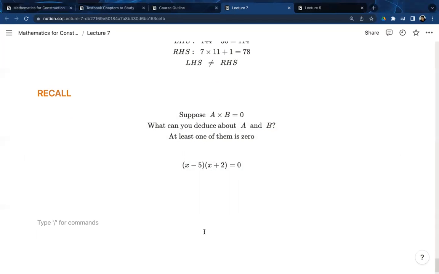What could you tell me about this? I'm multiplying two things, right? A is like x minus 5 and B is like x plus 2. So I basically tell you A by B is 0. And you know, if A by B is 0, then one of them had to be 0. So you say either this is 0 or this is 0. Not so?